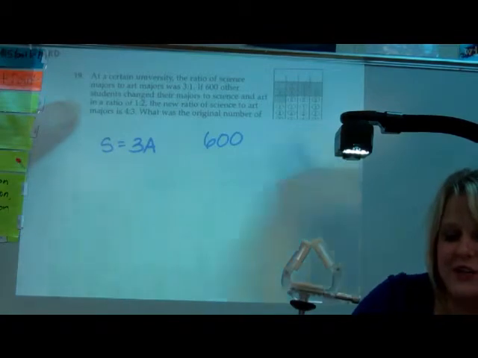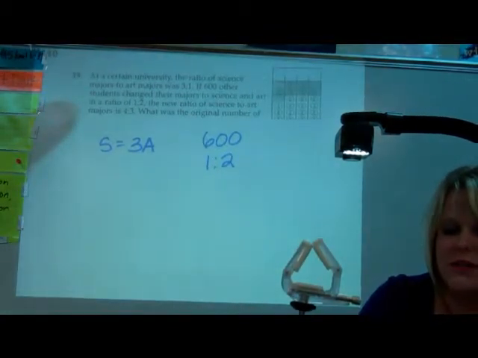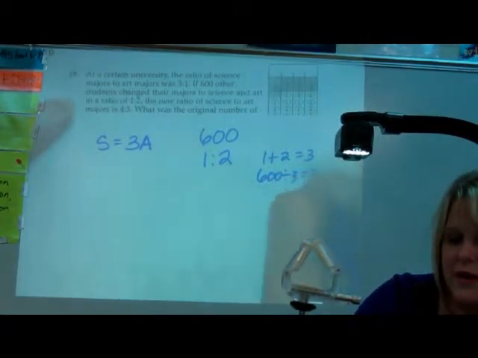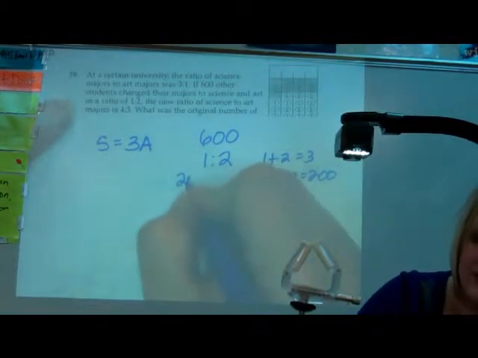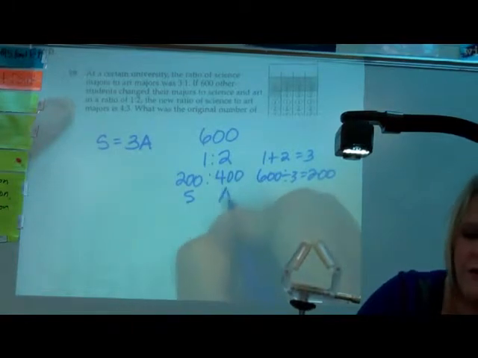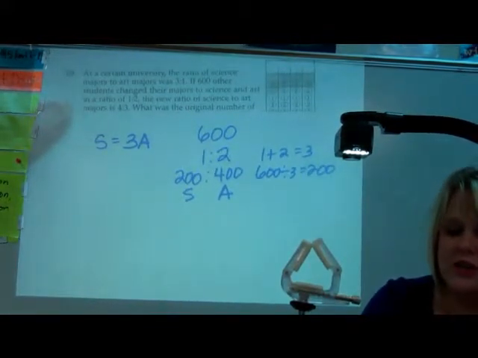If there's 600 and the ratio that they're going to change their majors to science and art is 1:2, you're still going to add those up, divide into 600, and then multiply each of those by that. So that means 200 people are going to change their major to science, 400 are going to change their major to art, and so the new ratio of science to art will be 4:3.